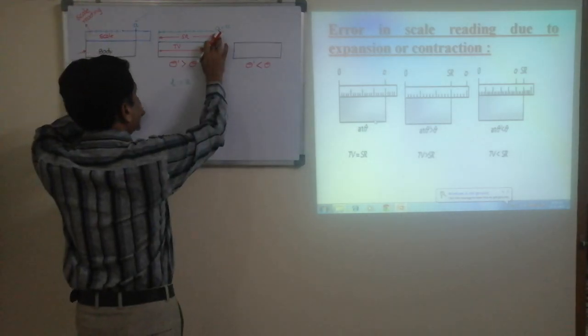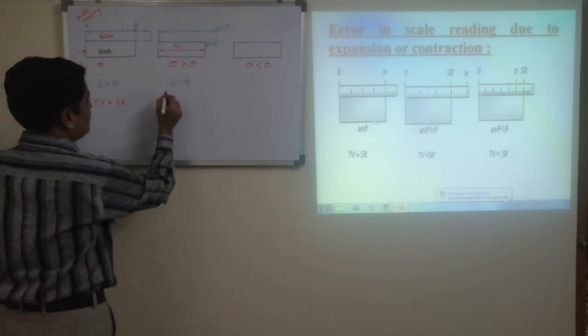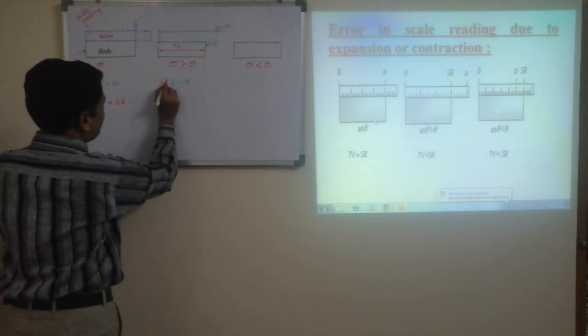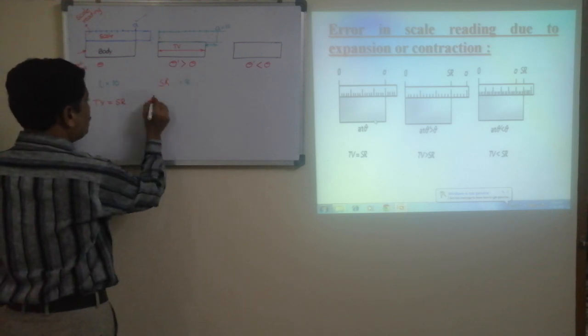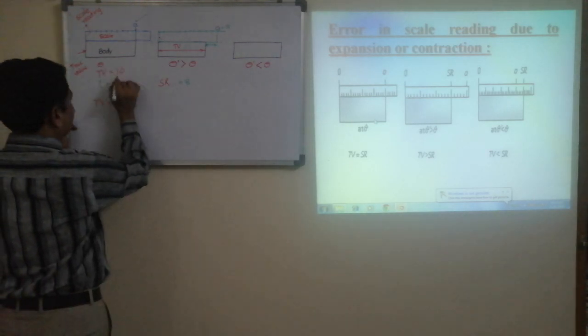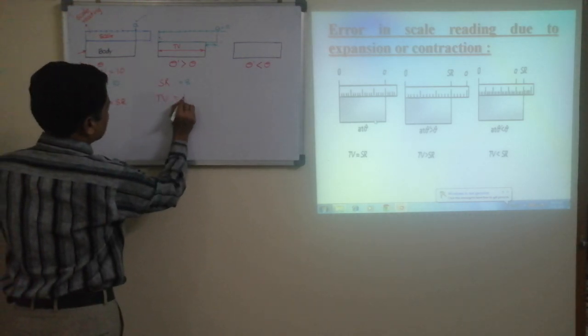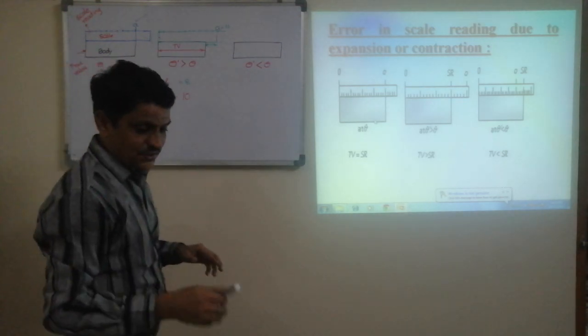But you know already 10 means, instead of this I'll write here, the scale reading is 8. Scale reading is 8 now. But here also, true value is 10. Here also true value is 10. Right?